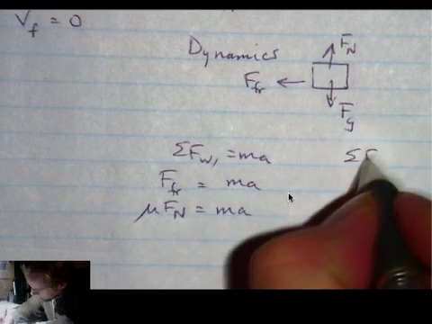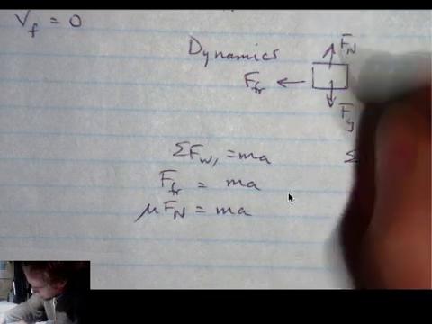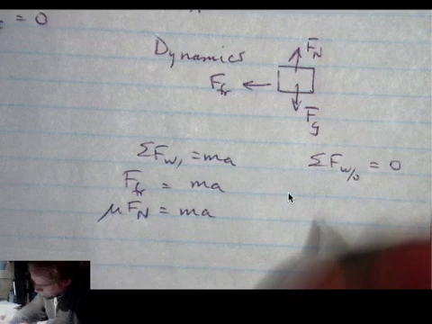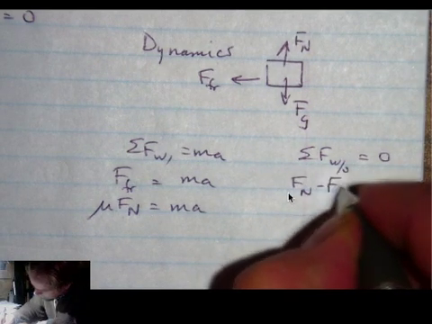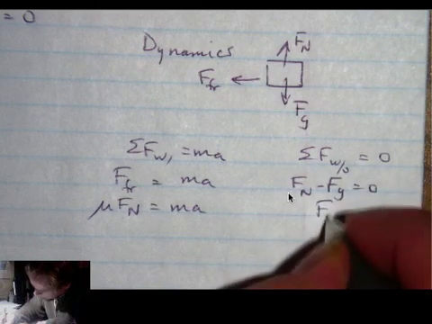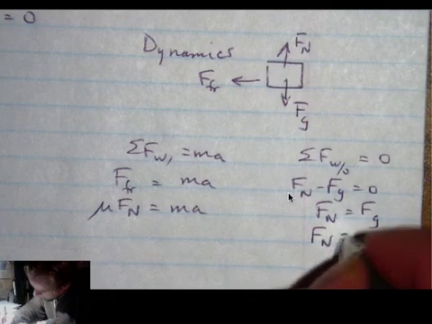Going to the other dimension, the without motion dimension, sum of the forces without motion, in this case equals 0, and I get Fn minus Fg equals 0, Fn equals Fg, Fn equals mg.